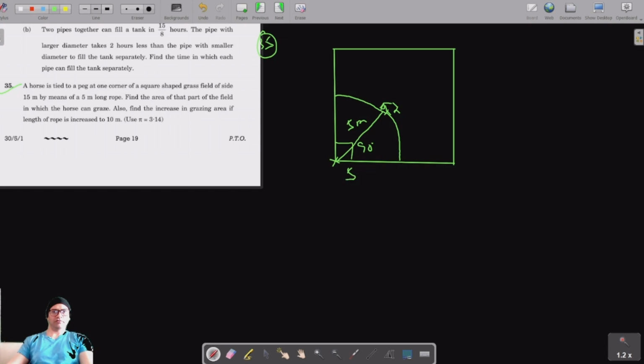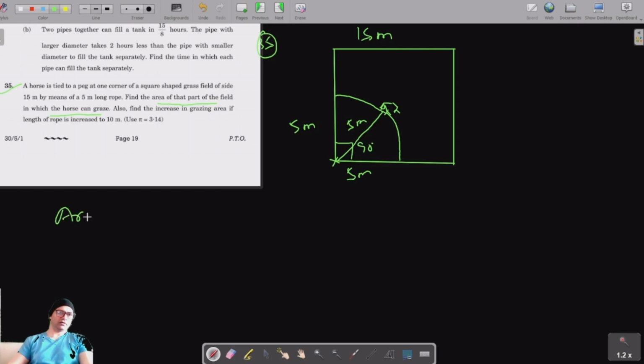So the length of the rope is 5 meters, so it can be extended to a maximum distance of 5 meter, and the side of the square shaped grass field is 15 meter. So that means it's not going beyond this field. Now we have to find the area of that part of the field in which the horse can graze.